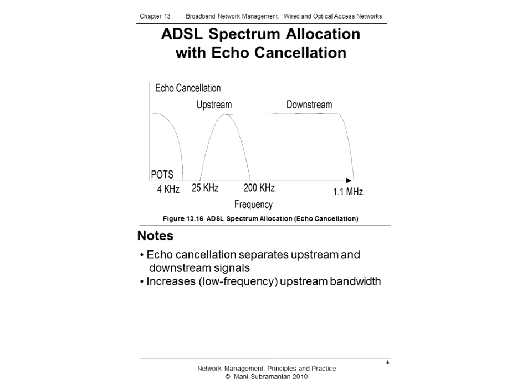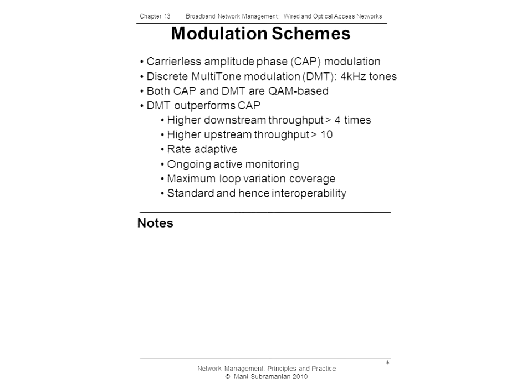So within the upstream and downstream bands, the individual channels are allocated a multiple of 4 kHz band using either standard discrete multitone, that is DMT, or carrierless amplitude phase, that is CAP modulation.